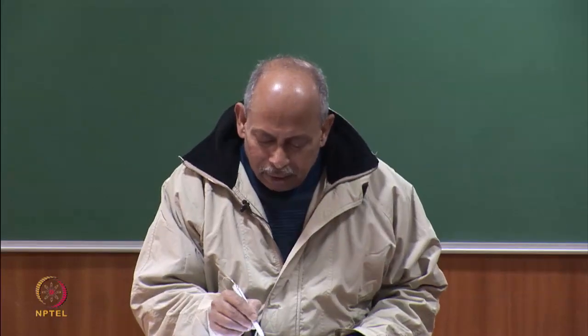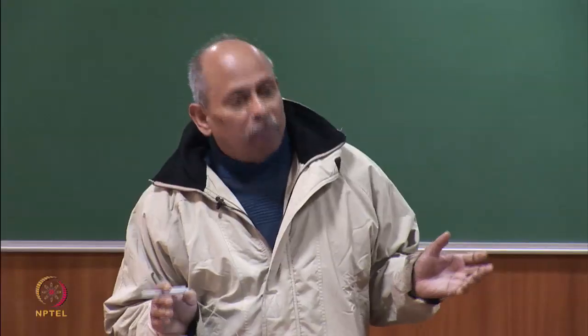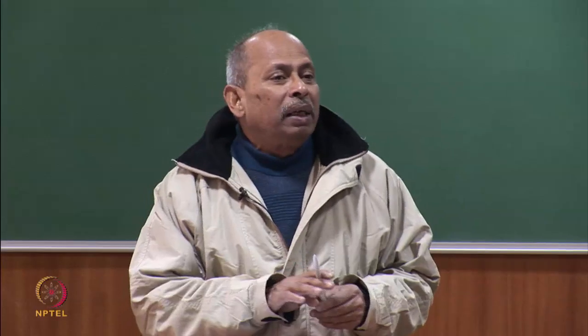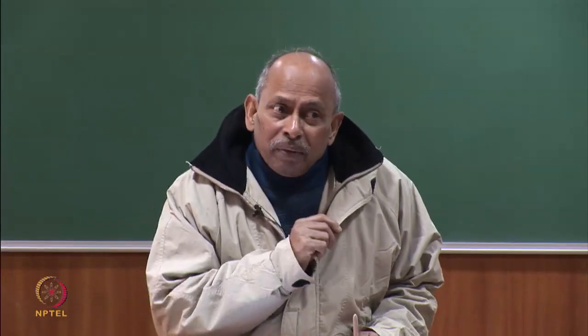First you have cement, let me call it Cm, plus water H. Now, consider the volume occupied by these two and the volume occupied by the product which is formed. If the product were more, it would have expanded. If the product is less, then some volume will be left.